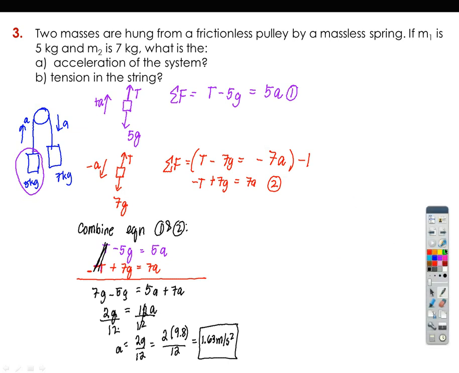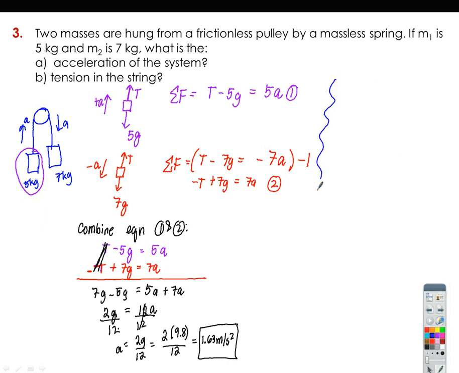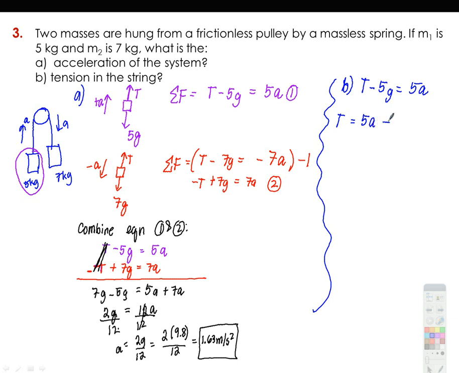Next, letter B. What is the tension in the string? So again, just choose whatever equation you want. I will be using equation 1. T minus 5g equals 5a. And then T, rearranging the equation, is equivalent to 5a plus 5g.